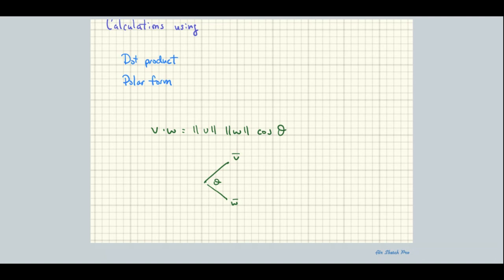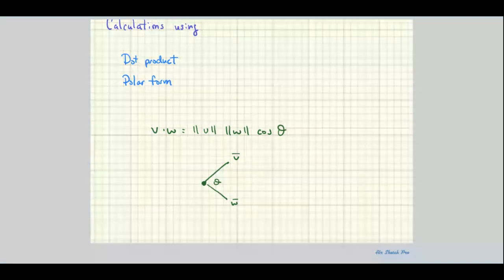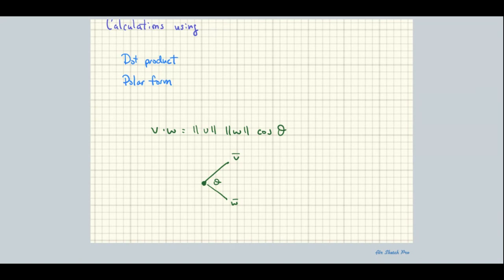Now, the real use for the dot product, and we know how to calculate it, it's just multiply and add, is for checking to see when things are perpendicular. If things are perpendicular, then the angle between them has to be 90 degrees, right? What's the cosine of 90 degrees, guys? You'll notice I asked this question earlier. That's right.